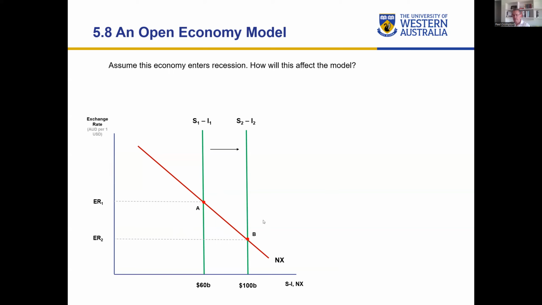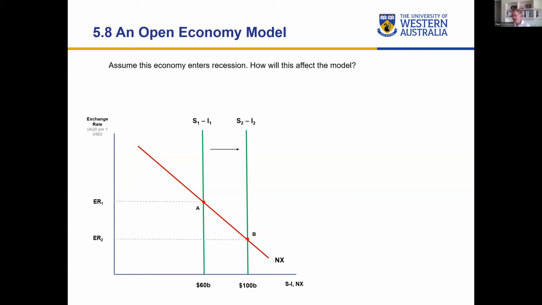Now, as NX goes up, X goes up and M goes down. When exports go up, that is more aggregate demand for Australian goods and services, but by foreigners. But in this movement from A to B, we've also got imports going down because the exchange rate has dropped.